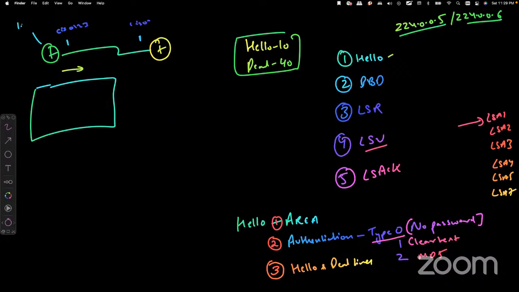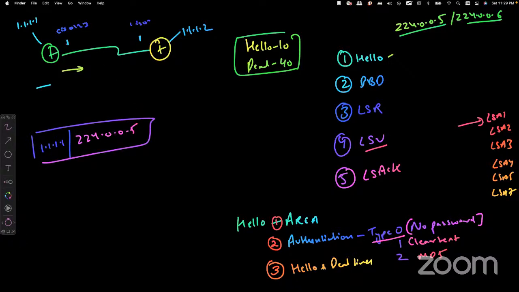Suppose this router ID is 1.1.1.1 and the other router is 1.1.1.2. When we send a hello packet, the source IP is 1.1.1.1 and the destination is 1.1.1.2. Right? No, multicast. Sir, अभी तो बोला था 224.0.0.5.